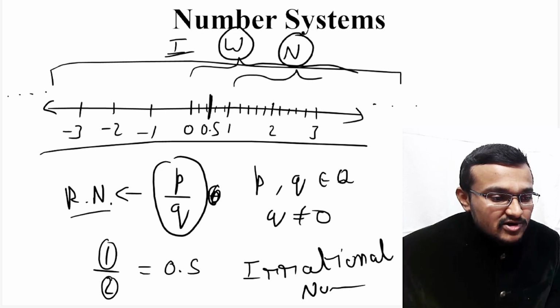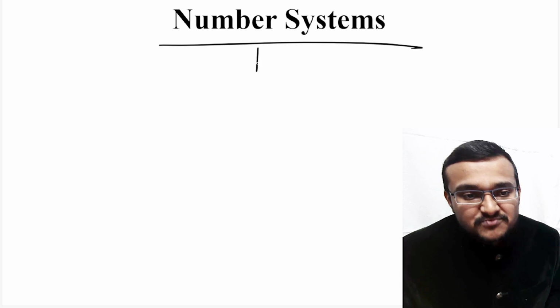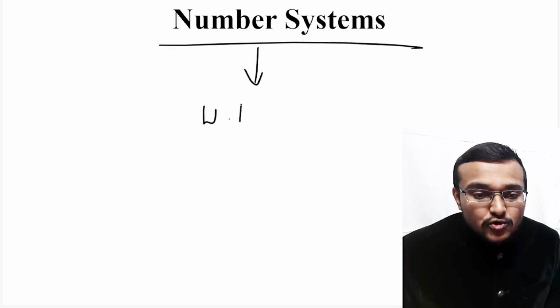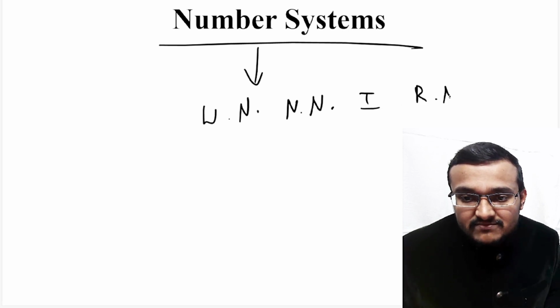So always remember, on a number line, in this particular number system, you have whole numbers, natural numbers, integers, rational numbers. Along with that, you have irrational numbers as well. I'll write this as IRRN.